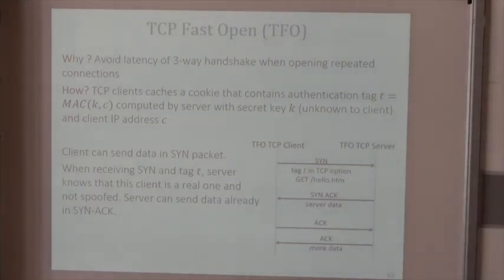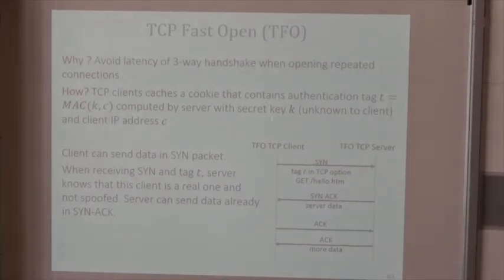And when this client reconnects with you, then you ask this client if it supports TCP Fast Open. In a TCP option that is possible to put in the SYN header, you put the tag here. So when this TCP server, which is now a non-standard TCP server, receives the SYN packet, it immediately forks and immediately opens another socket.